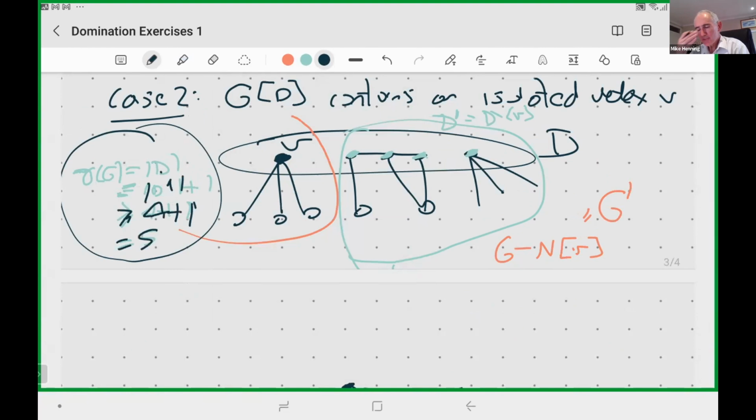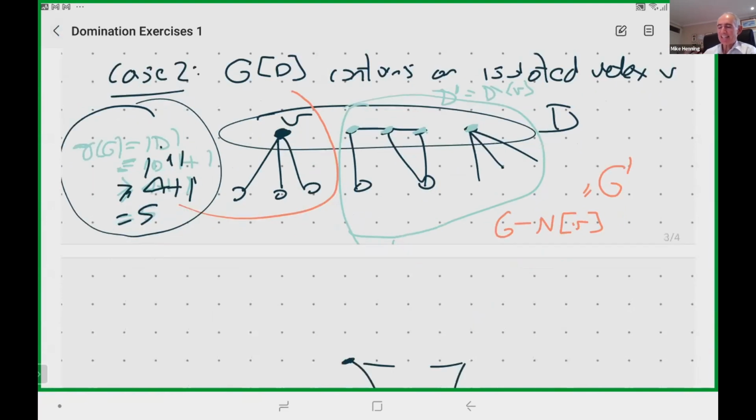So you can prove with a little bit of case analysis that for the generalized Petersen graph, your domination number is at least 5. Of course, with a property of regularity, we could do much better, but just by playing around, you can check that your domination number is at least 5 and at most 5, and therefore it's equal to 5. So that's essentially what you would do there.